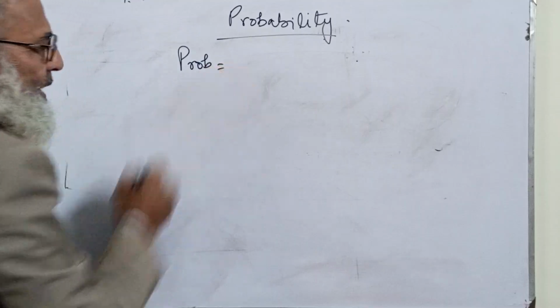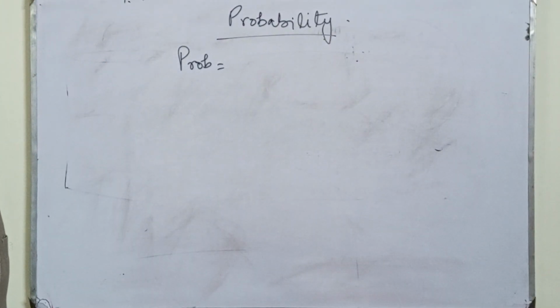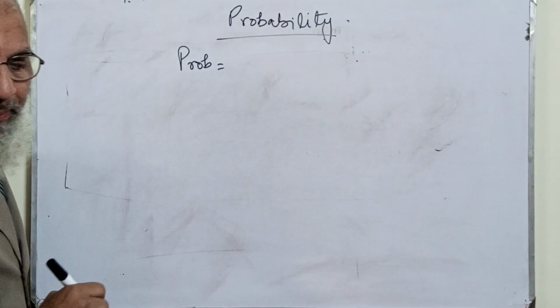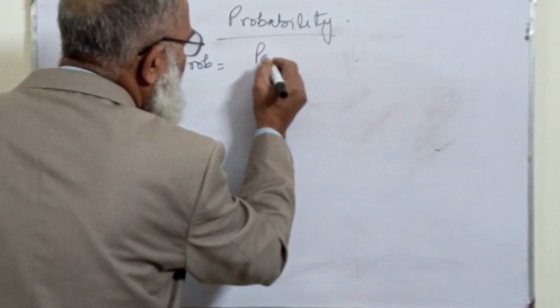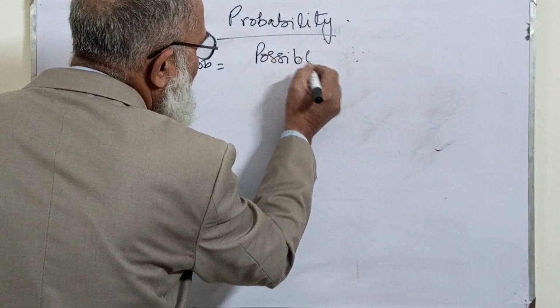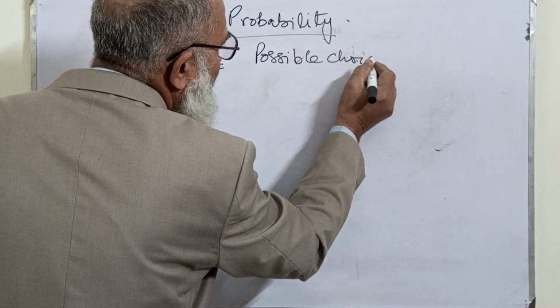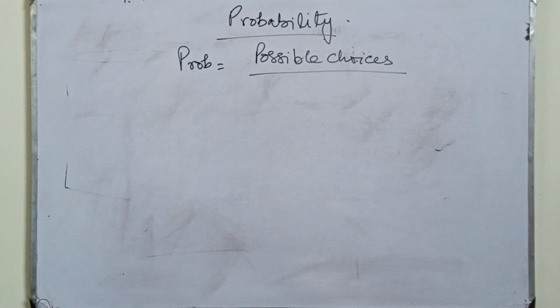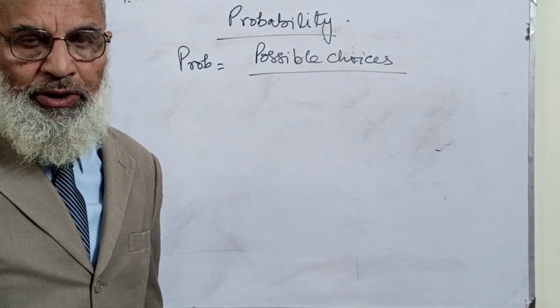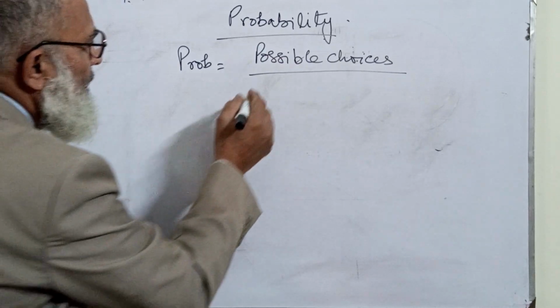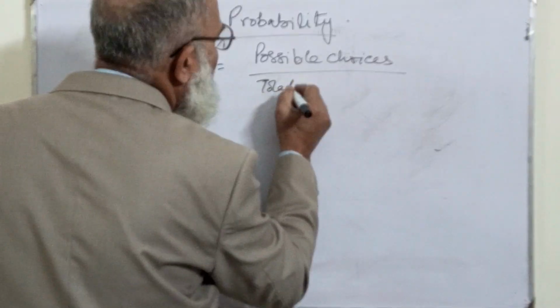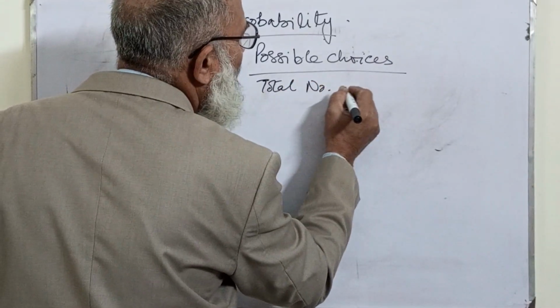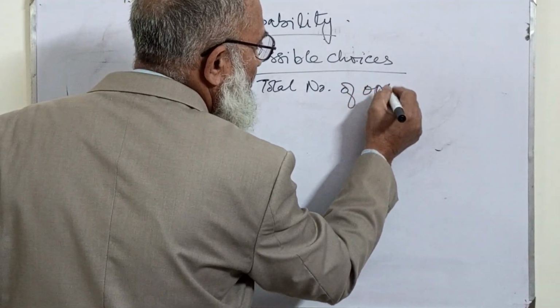If I write it in equation form, probability is possible choices divided by the total number of options, the total number of options.